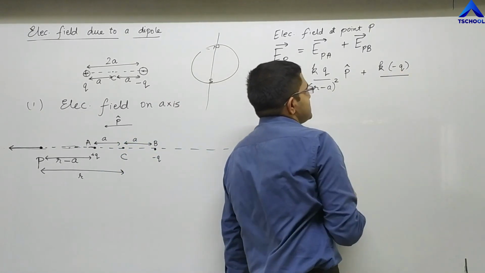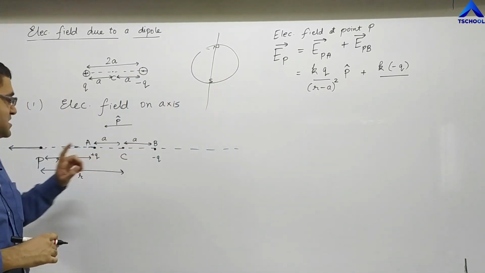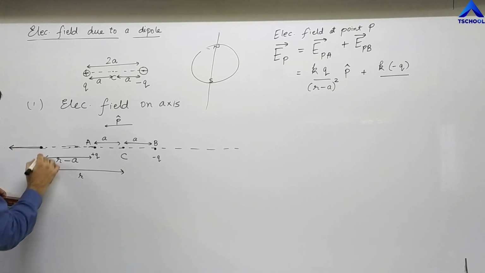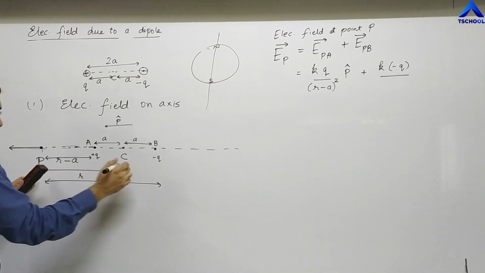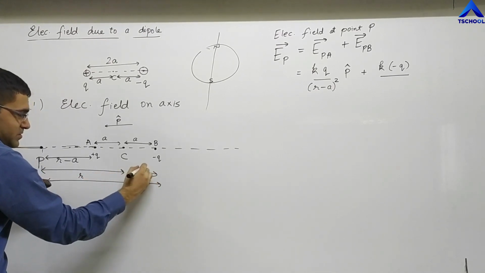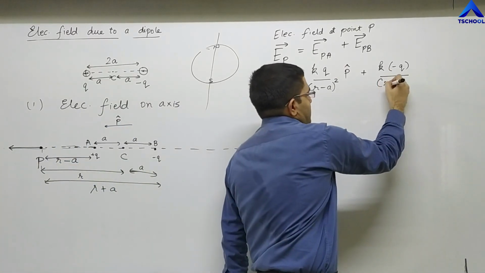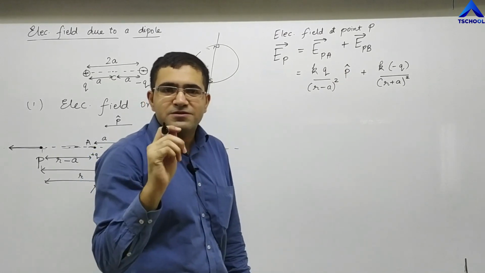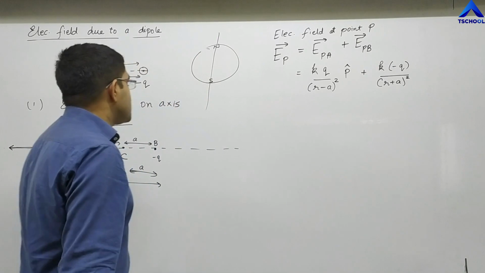Divided by the distance. What's the distance between this charge and this point P? I'm sure you can see it easily, all the way from here to there. So that's distance r, and then a more over here. So finally r plus a, so I should write r plus a the whole square. Now about r hat, that is the radial unit vector going away from the charge.